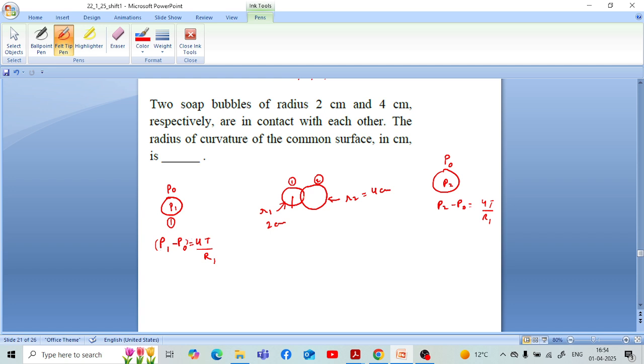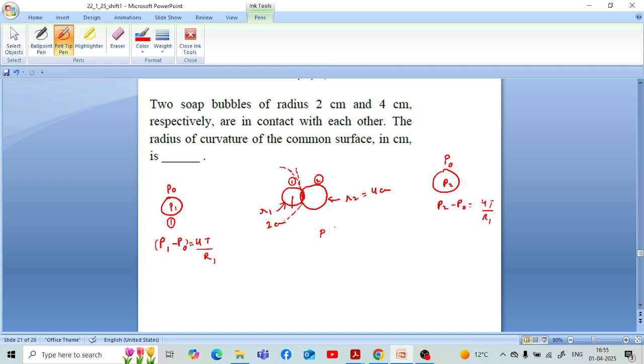So it means that this smaller bubble will press the bigger bubble, and in this process, there is a change in the radius of curvature. So the radius of curvature looks something like this. Now we have to find out this excess pressure so that we can calculate the radius of curvature of the common surface.